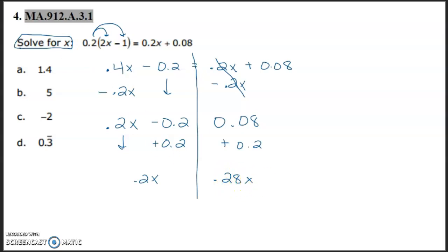Oh, not x, the x on the other side. Sorry. And then our last step to get x by itself is to divide both sides by 0.2. So x is going to equal 1.4, which is letter A.